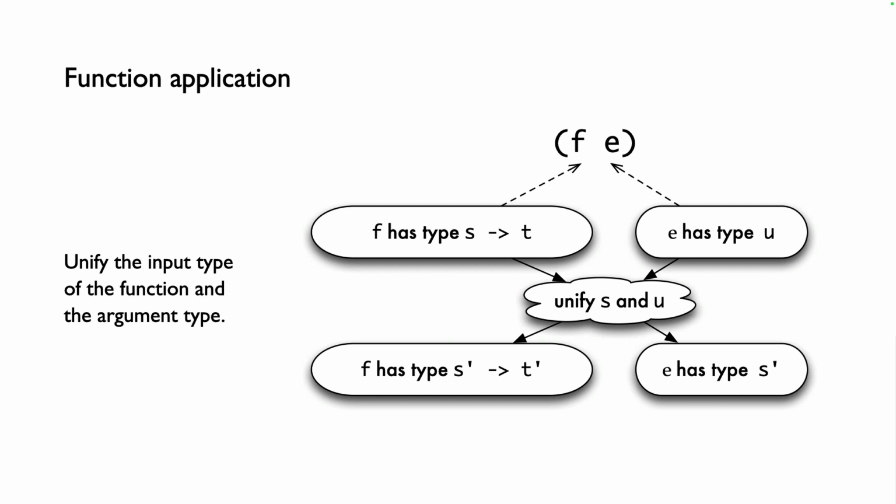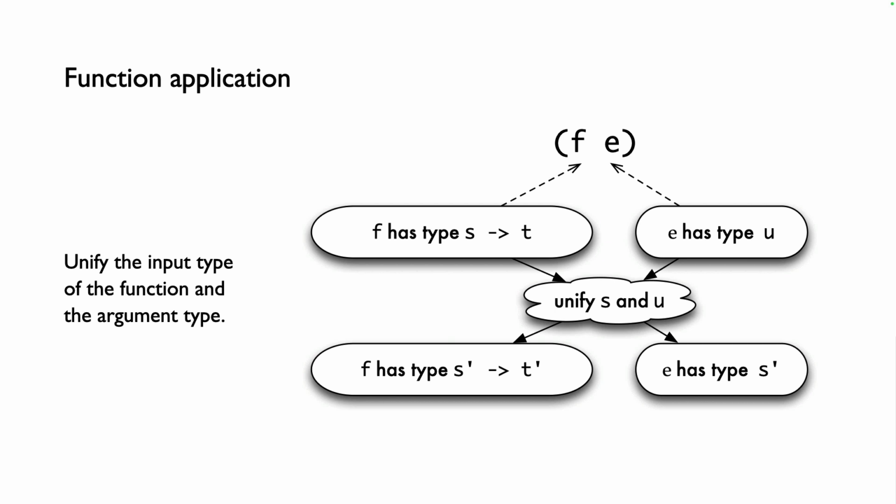And in that process, we will replace S arrow T by S prime arrow T prime. It will be a more specific type typically. And what we will require is that U has also that same type S prime.